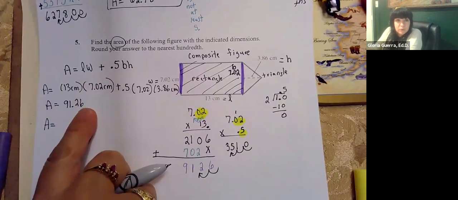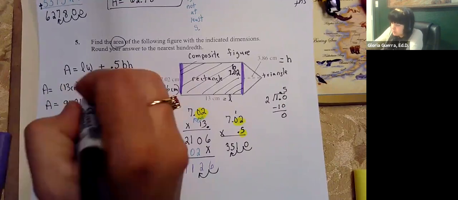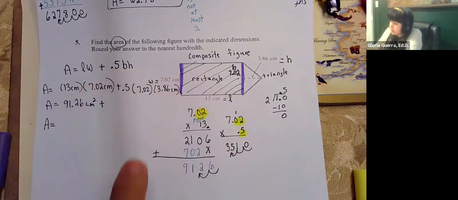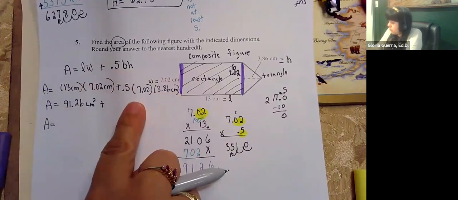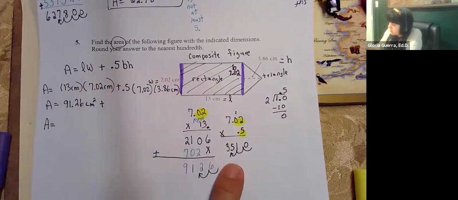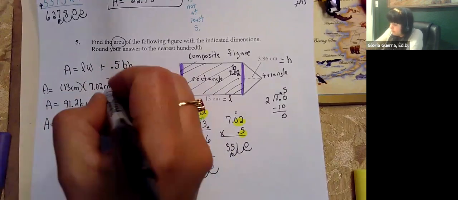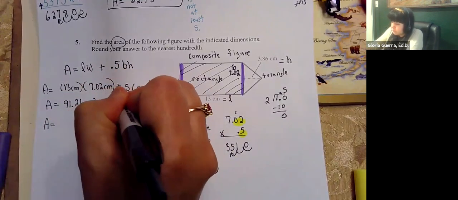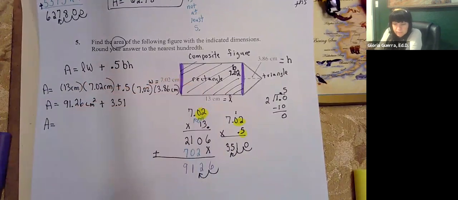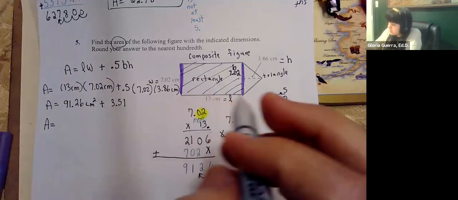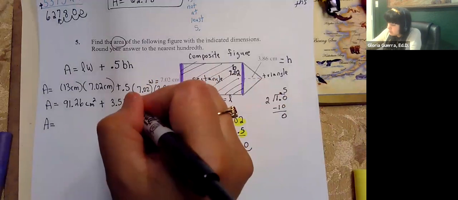So then I've got, let's see, come back over here. So here I forgot to put my units for the rectangle. Centimeters times centimeters is centimeters squared, plus, and now 0.5 times 7.02 looks like it's 3.51 centimeters.